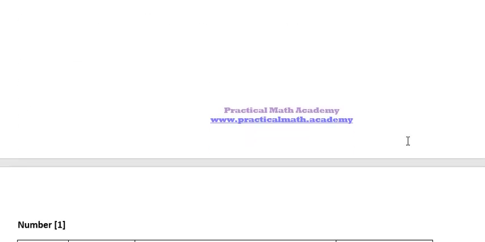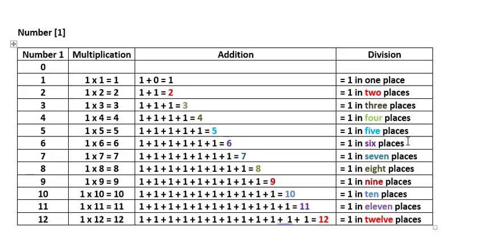So let's start with the first one, number 1. You notice in the table we try to break it down in such a way that you'll be able to see the numbers that we are multiplying and how we multiply them from 1 to 12.